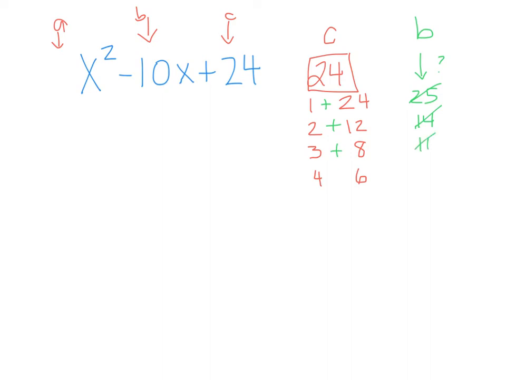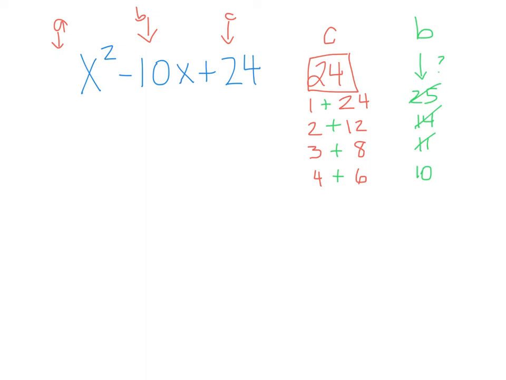Nope. And 4 plus 6 is 10. Now, that's almost a yes, but it's kind of a no, because notice, what is our B value? Negative 10. Negative 10, not positive. So, how can we get a negative 10, where we need that to be a negative 10 for B.